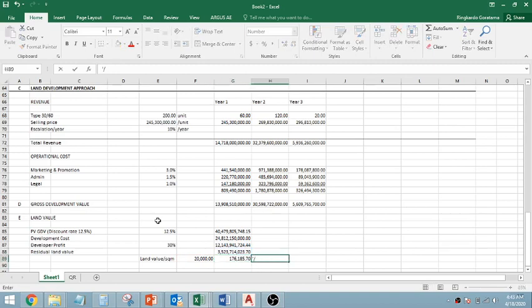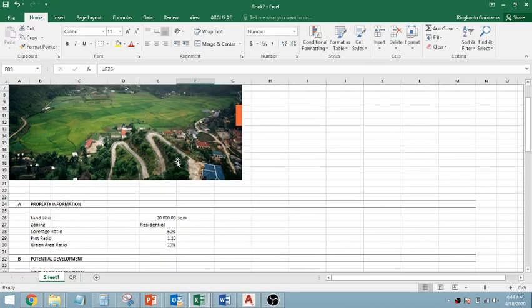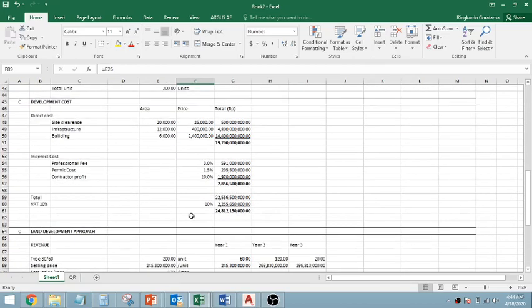So the land price is around 176,000 rupiah per square meter. Okay, so this is the value for this land when we're using the land development approach.